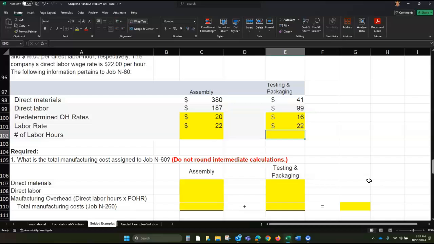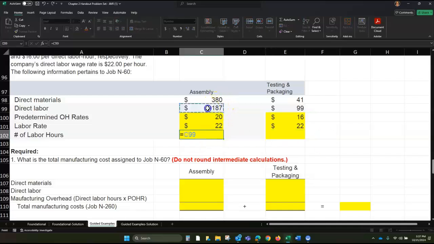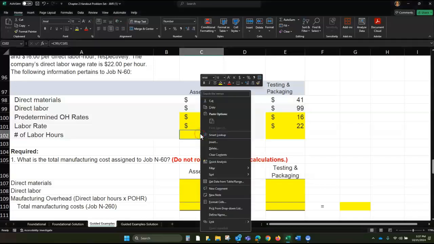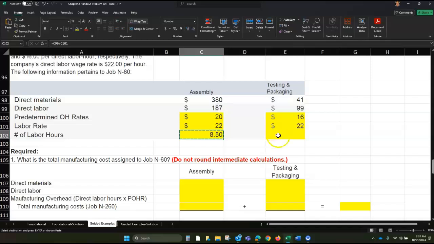We can calculate the labor hours by doing what? Good. Direct labor divided by the labor rate. So there's our direct labor divided by the labor rate. 8.5 hours there. And again, I can do a right click on my mouse, copy, right click, paste.